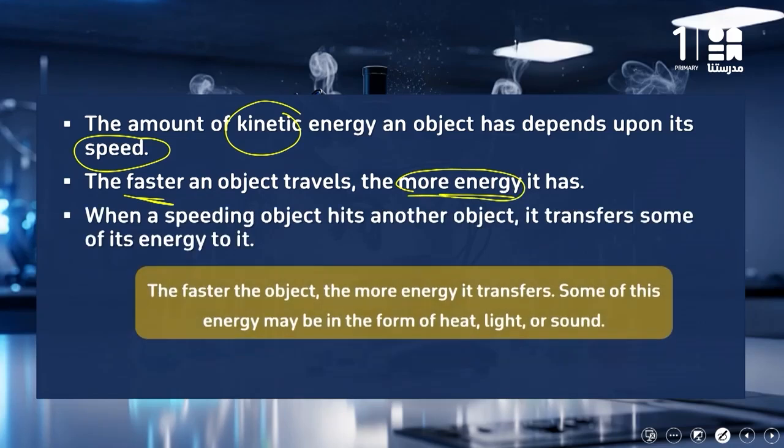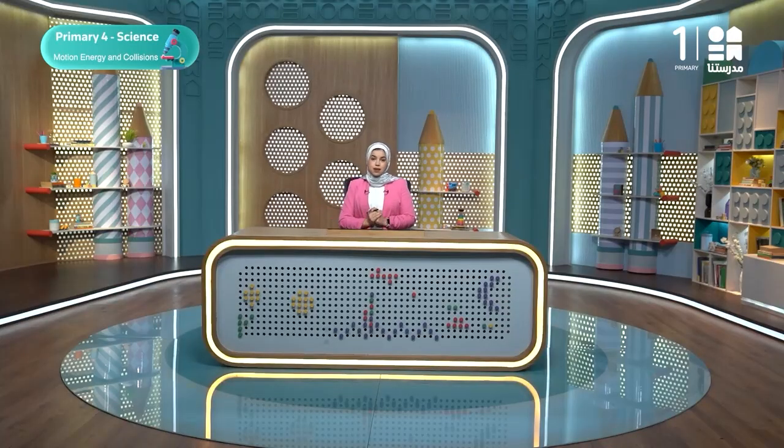So, when a speeding object hits another object, it transfers some of its energy to it. What are the forms of energy that will transfer? At the beginning, if we say a moving ball hits the goal net, the ball has kinetic energy.